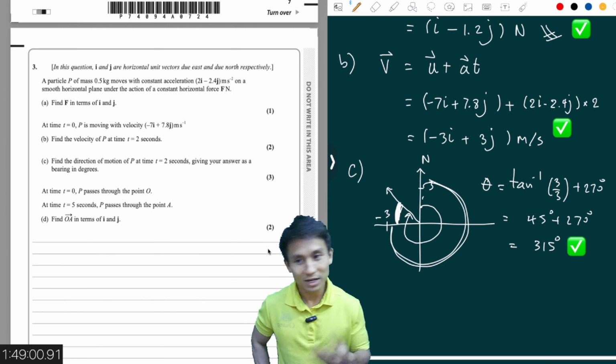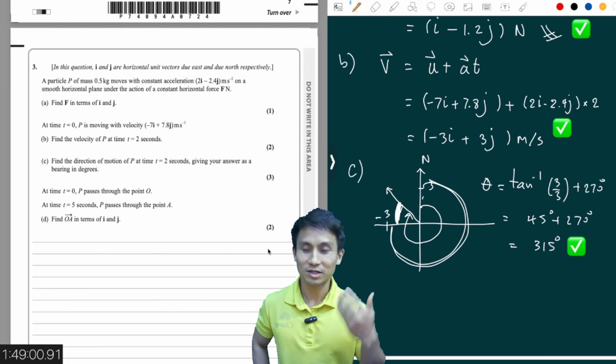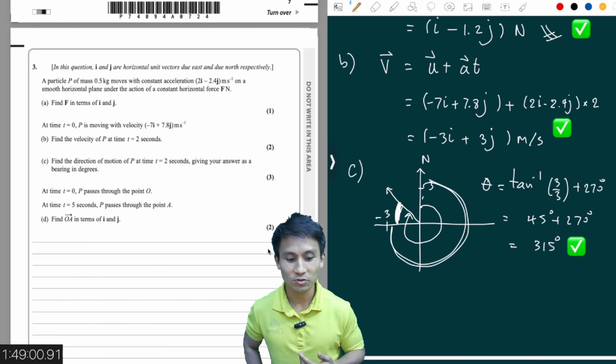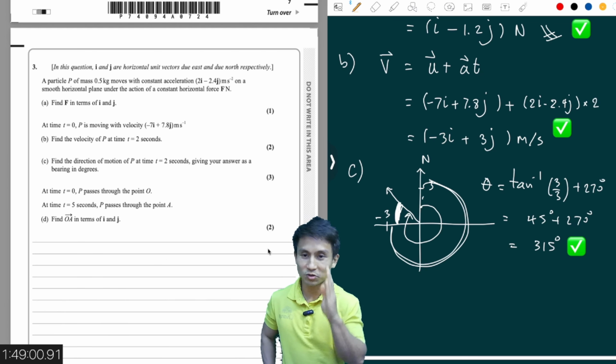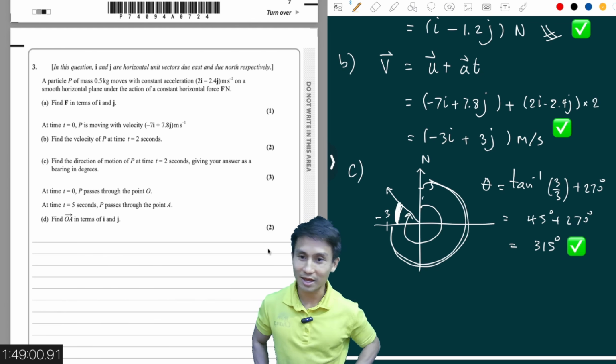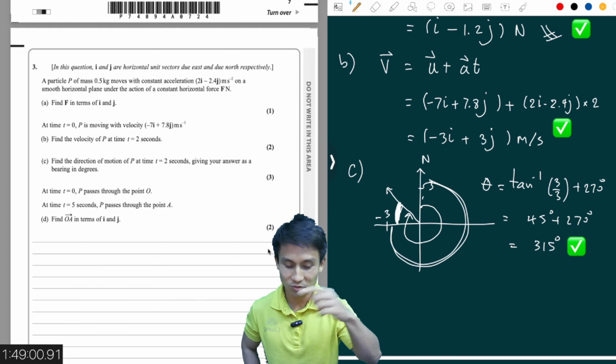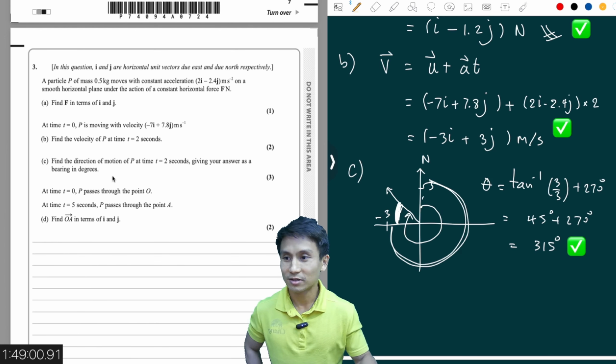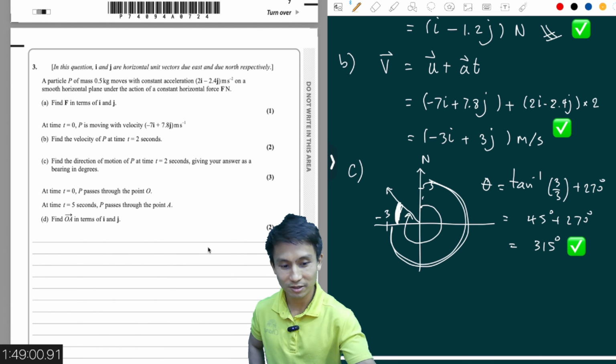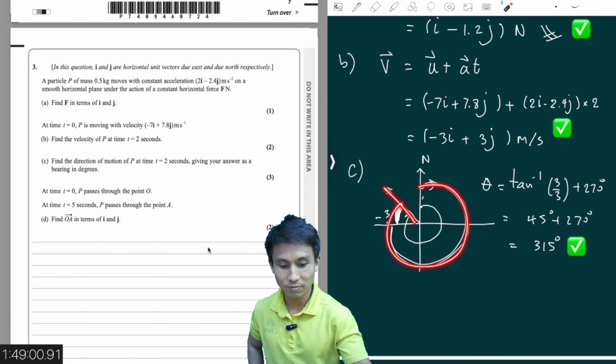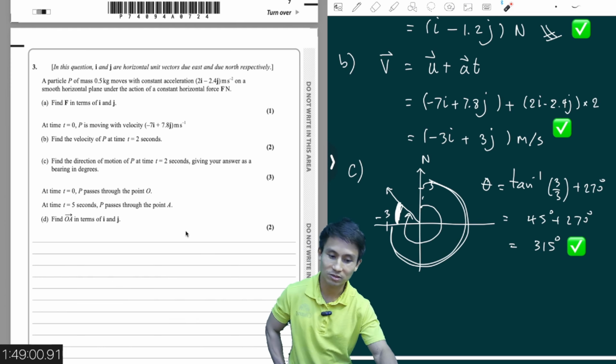But in this case, we have a velocity, so we use it at t equals 2. And the way you find bearing is to take j as up north and i as due east, and then you sweep from the north to the vector here. So this will be the bearing there, which is 315.